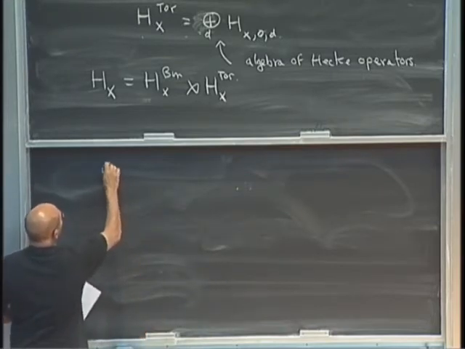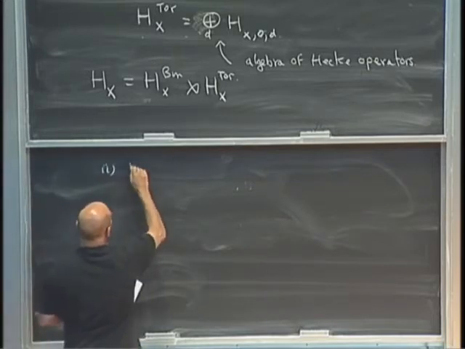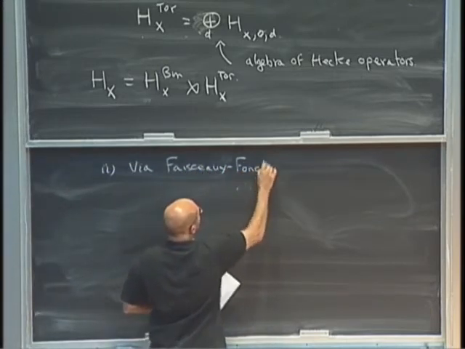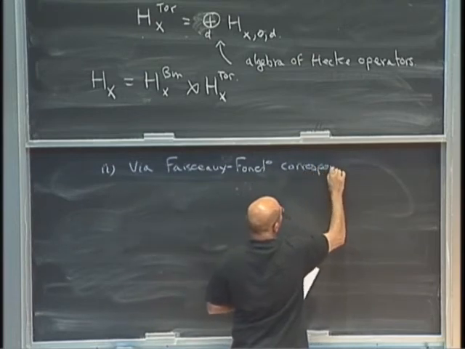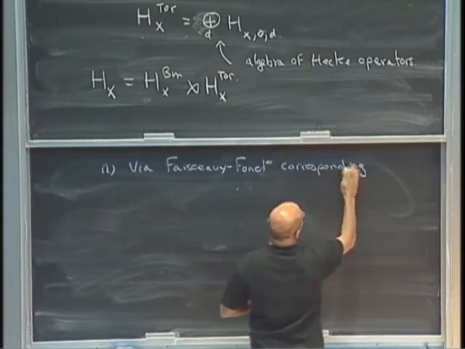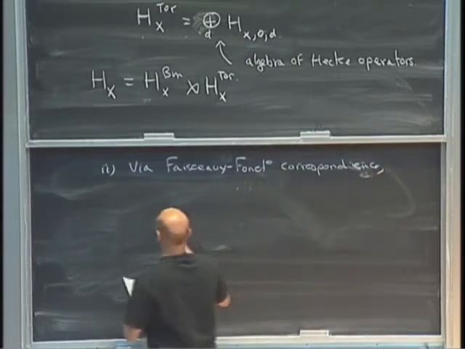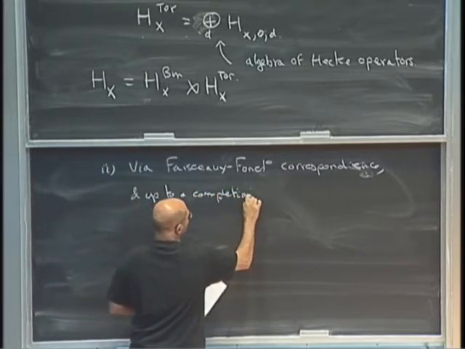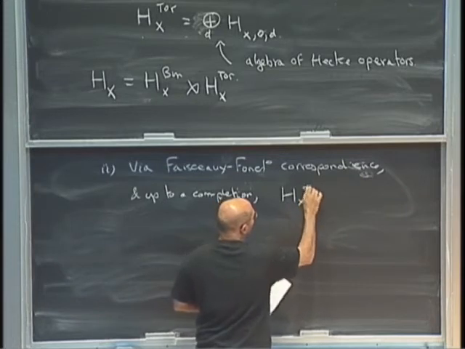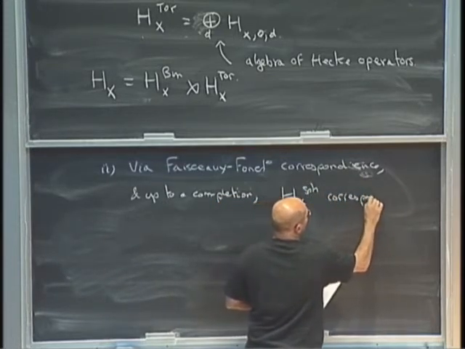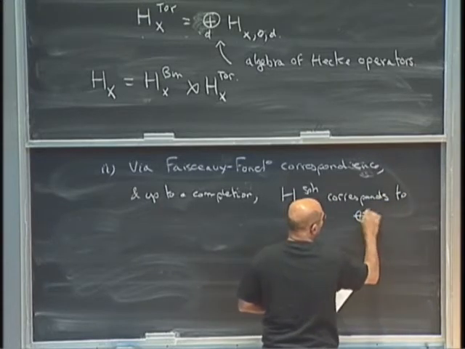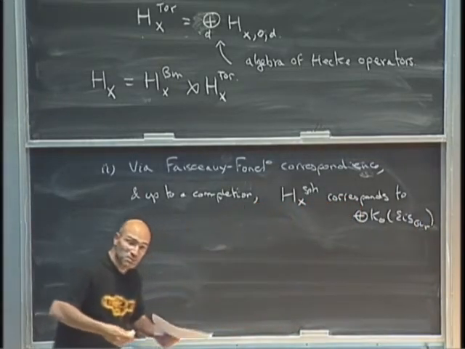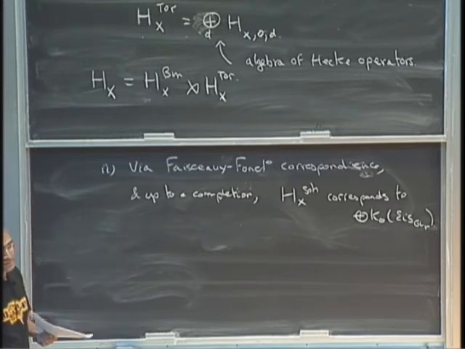So this is my second remark, that via the Fizeau function correspondence, so taking trace of Frobenius, and up to completion, this spherical Hall algebra corresponds to the direct sum of this K0 of the category of Eisenstein sheaves for GL_R if you take them over all coherent sheaves and not just vector bundles.